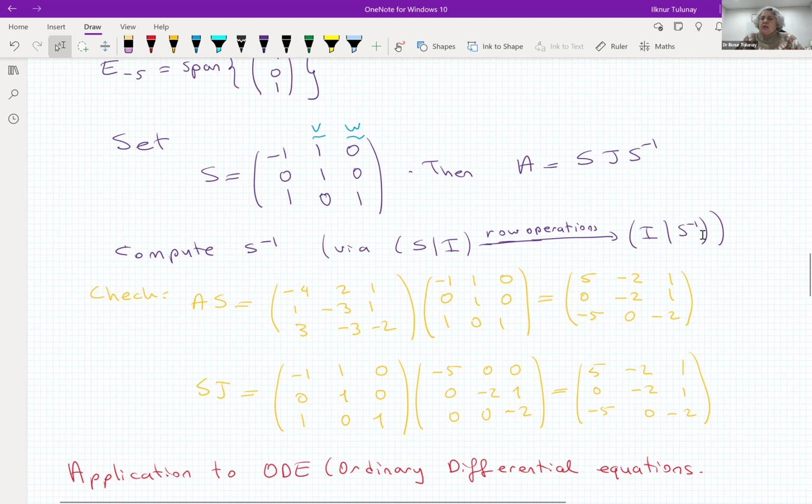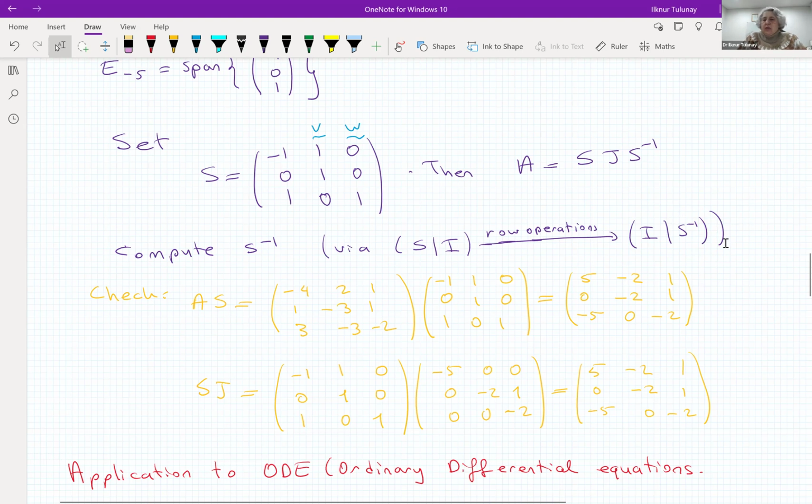On the right-hand side, you will find the inverse. Of course, not every matrix is invertible. A matrix is invertible if and only if the determinant is non-zero. If it is invertible, this is one way to find the inverse. Otherwise, it is really not easy work to find the inverse.